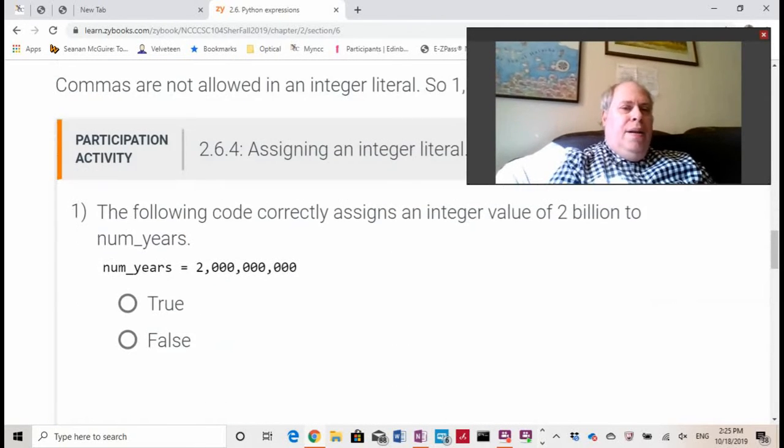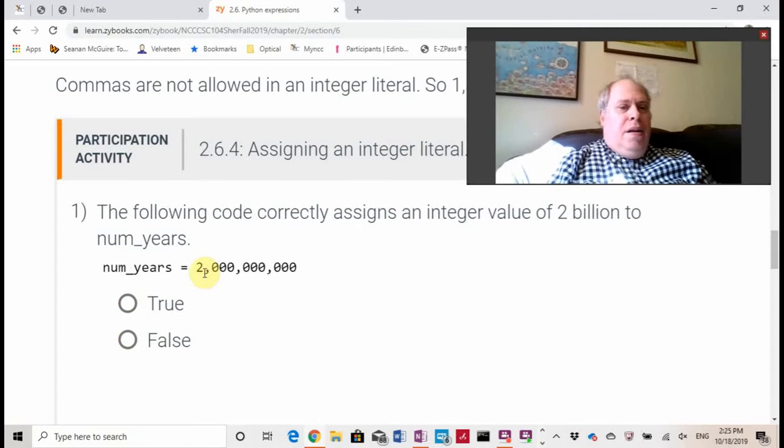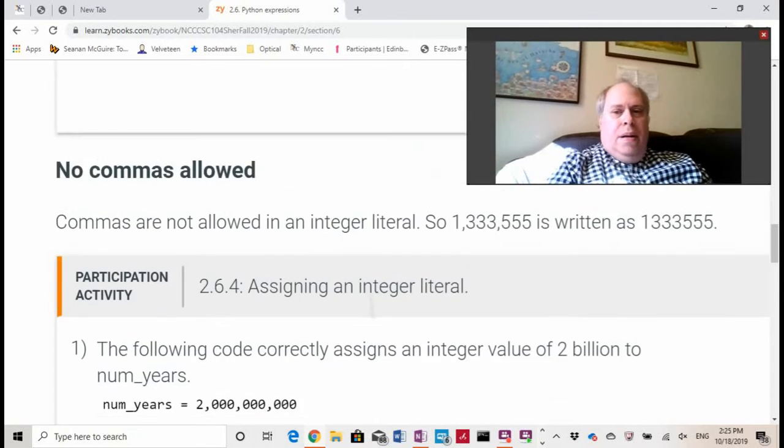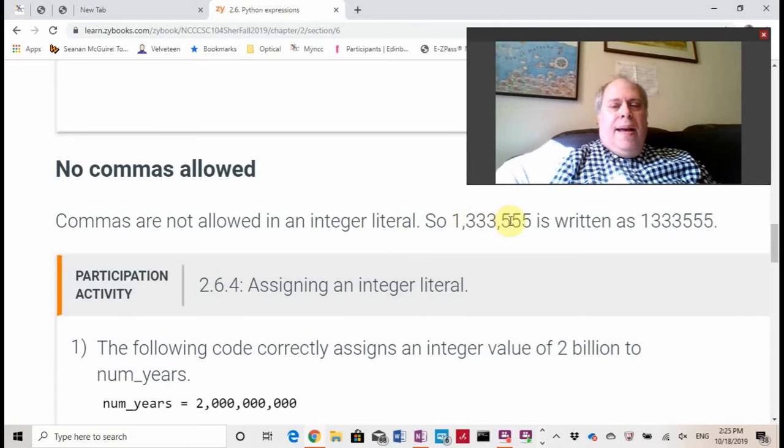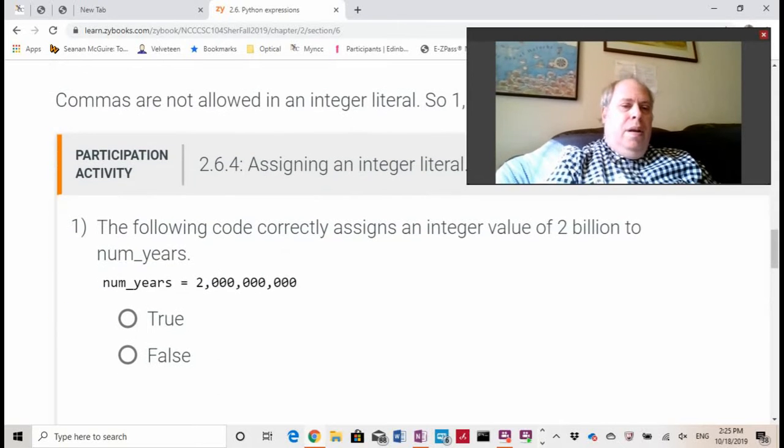Okay, a little point when writing an integer or a fraction is you can't put commas in. So you can't write 1,333,555 with commas. You can only write 1333555 like this. If you write it with commas, it will confuse the thing.